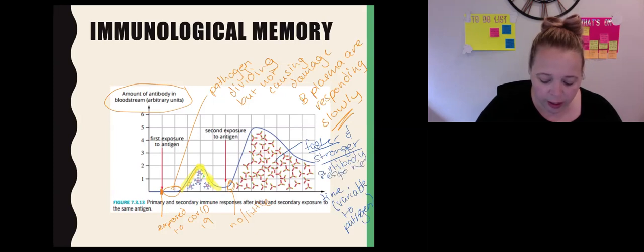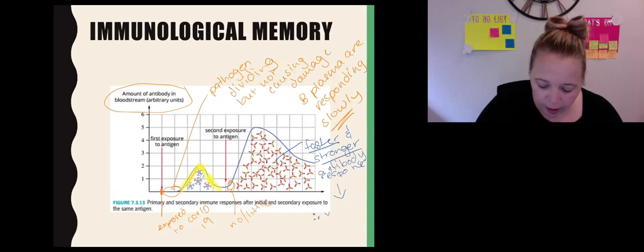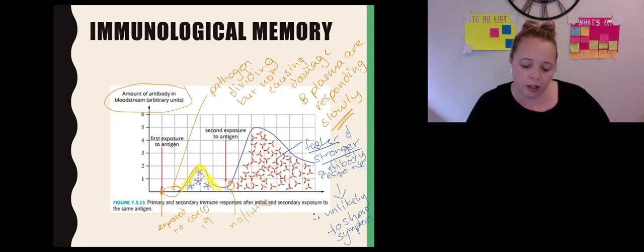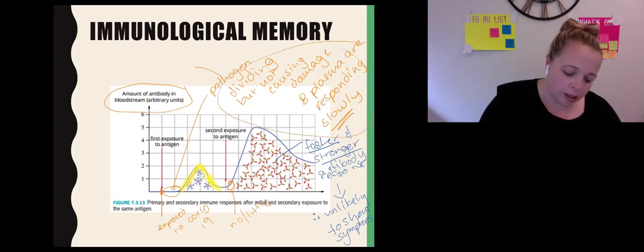Now, if you get this faster response, you are therefore unlikely to show symptoms. So in this case, the pathogen dividing up the top here, this orange stuff, you will get symptoms because there's too many pathogens.